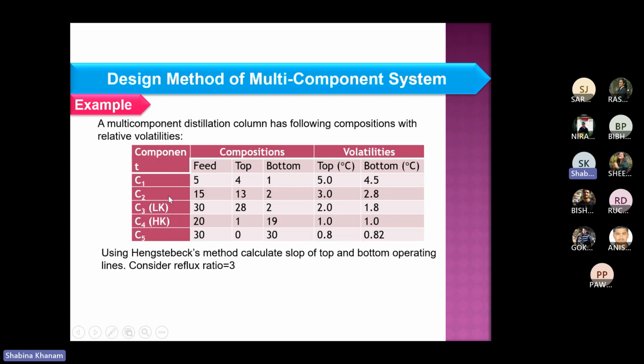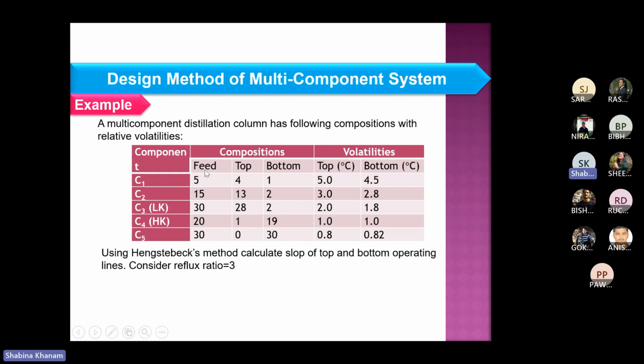You can have a separation between any two, that may be C2 and C3, or that may be C4 and C5. So identification is done in two ways: one is it is already given to you, or secondly you can obtain it from the given guideline which we discussed in the last class, right?